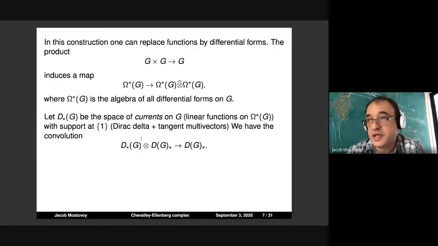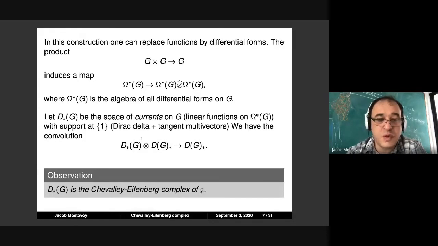So, distributions which are linear functionals on forms rather than functions. Well, they also form a Hopf algebra, and this is just the Chevalley-Eilenberg complex of your Lie algebra G. Again, we don't need to know what G is. We have the Lie group, and directly we get the Chevalley-Eilenberg complex.